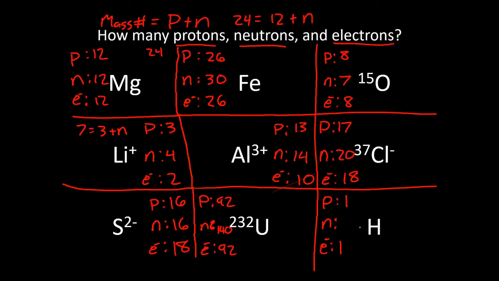So, does that mean we have 1 neutron? No, we already accounted for the 1 here with the proton. We have 0 neutrons. So hydrogen, most hydrogen anyway, does not have any neutrons. There are actually isotopes of hydrogen that have neutrons. Those are called deuterium and tritium. But the vast majority of hydrogen is just a proton and an electron.